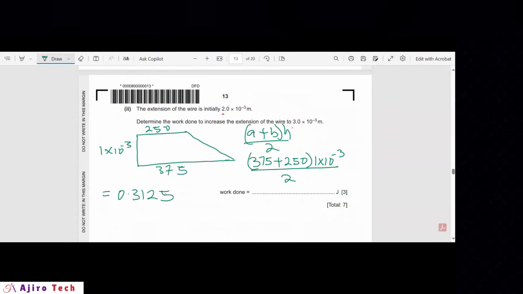Don't forget, taking that into account, that's 0.31. So you can put 0.31.